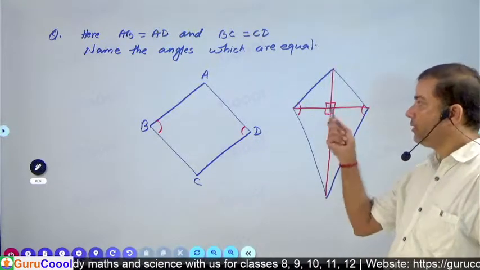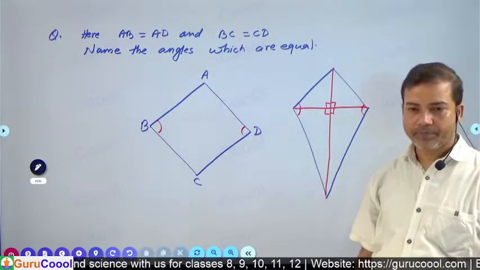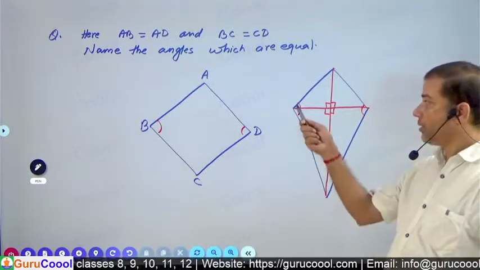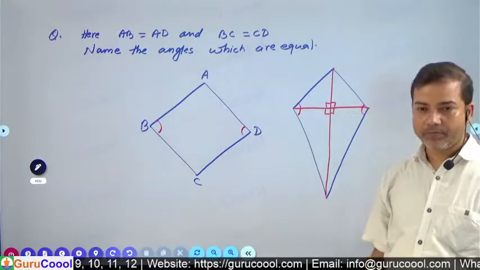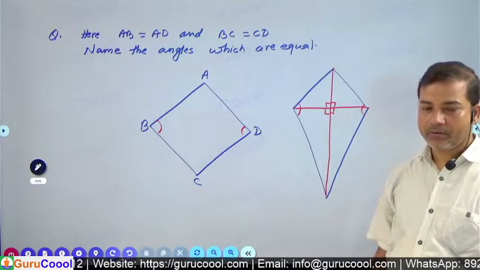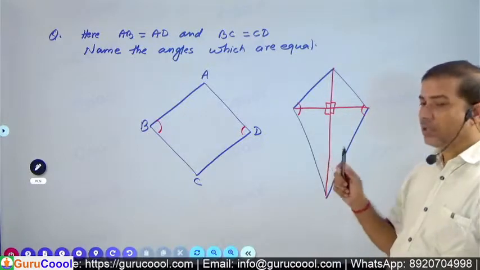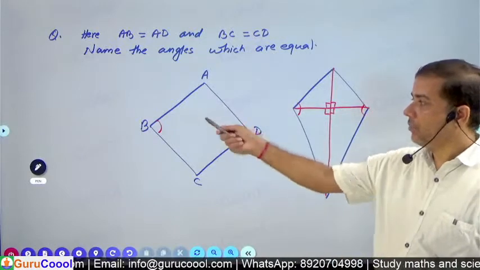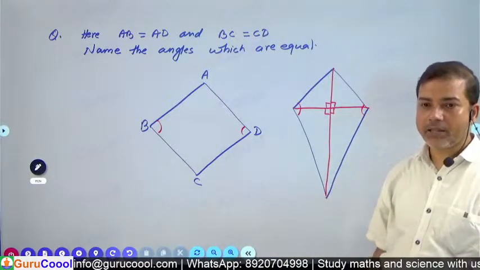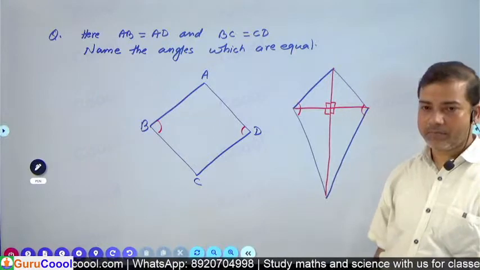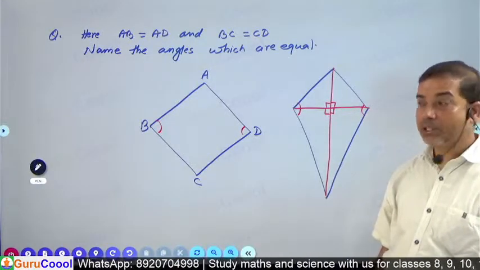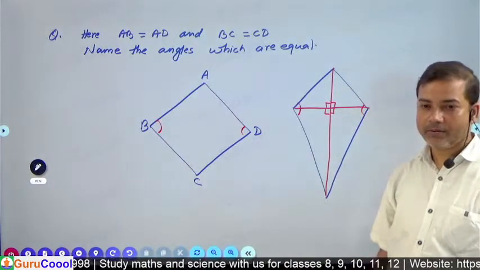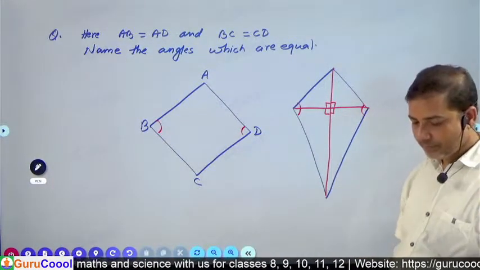And the smaller one gets bisected also. Longer one is not, but the smaller one is. If both diagonals are equal, then both will be bisected, like in rhombus. Okay, sir. But in that case, all sides will be equal, not only these two. Got it?